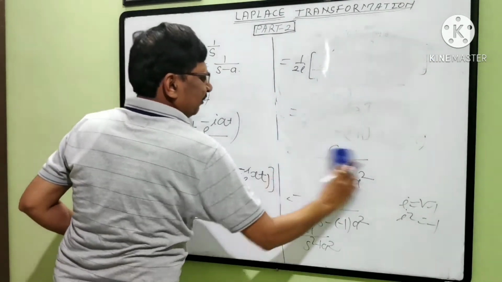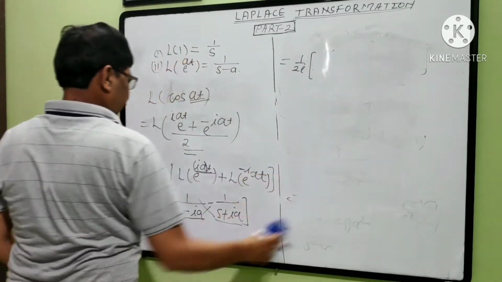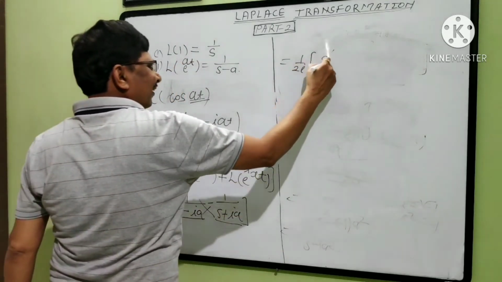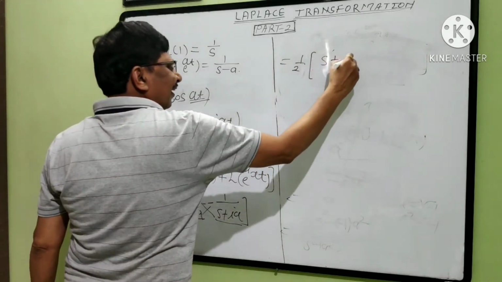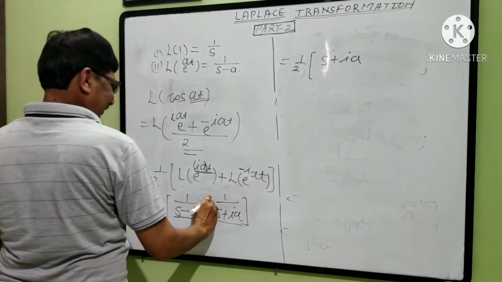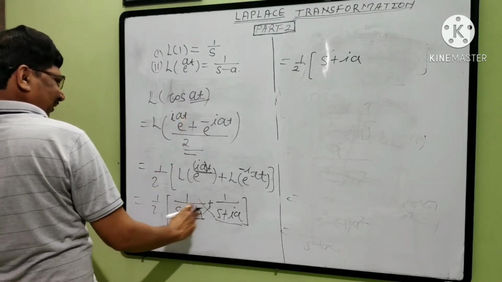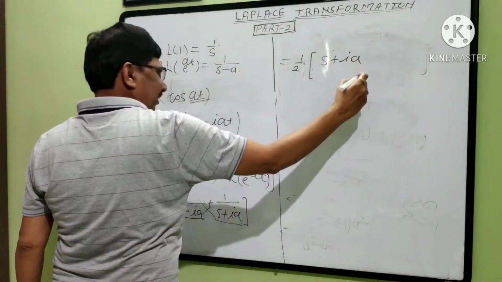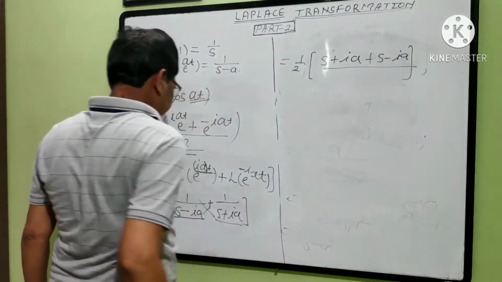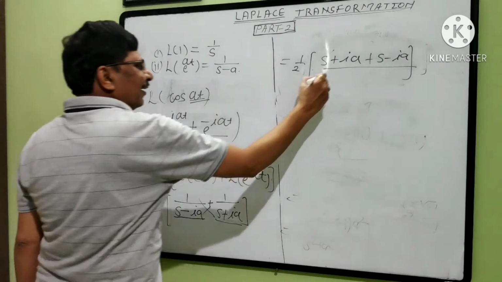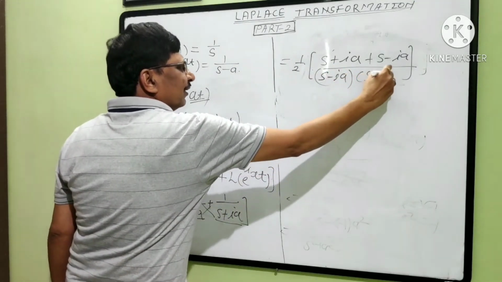From here, I will write next. S plus I, plus sign is there, and in the other there is a minus sign. S plus I and then s minus I, upon s minus I and s plus I, s minus I into s plus I.